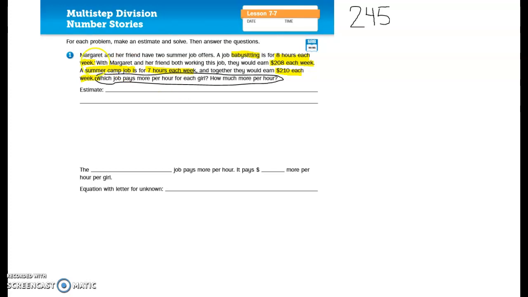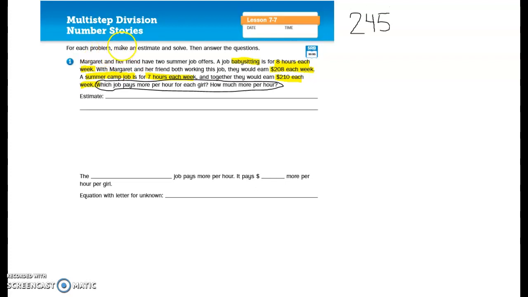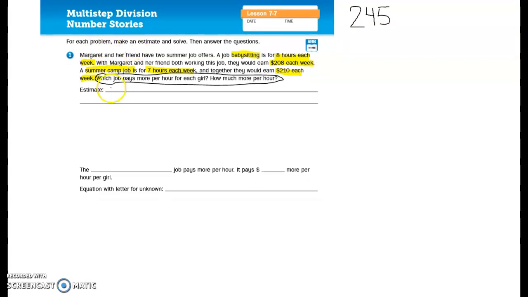So what we're going to do is make our estimate. We're going to start by looking at the babysitting job, which we'll just call B. I'm going to take that babysitting job and round what they're going to make together. Together they're going to make $208.